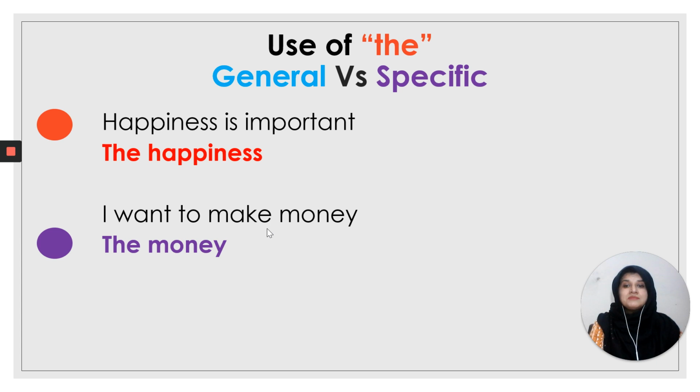Happiness is important or the happiness is important? Yes, think about it as well. I want to make money or I want to make the money. Which sentence will be correct? Pause the video and think for a while.